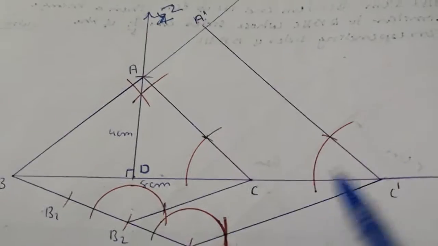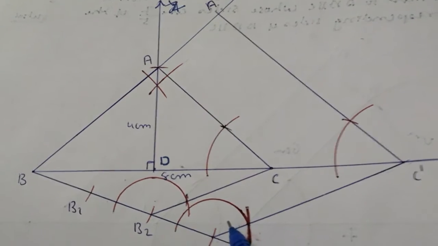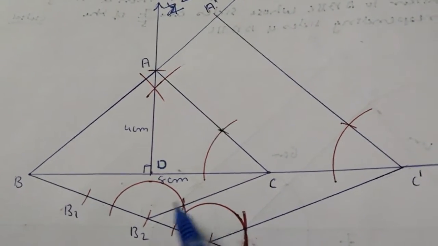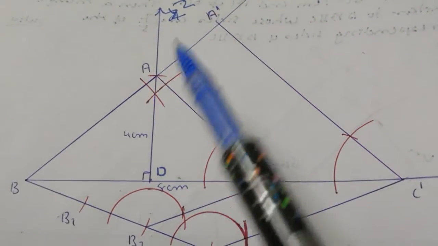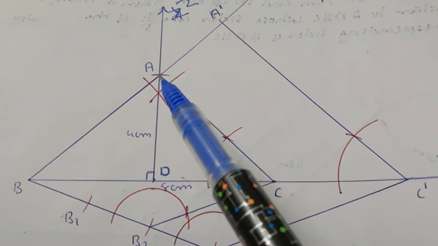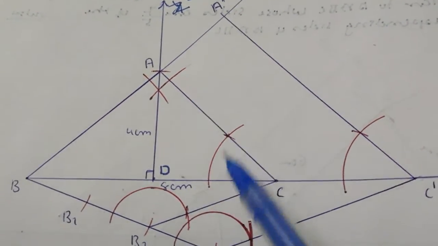Now we know the altitude given to you is 4 cm. So with radius 4 cm and with point D, you are going to draw an arc intersecting ray DZ at point A. Construct AB and AC.